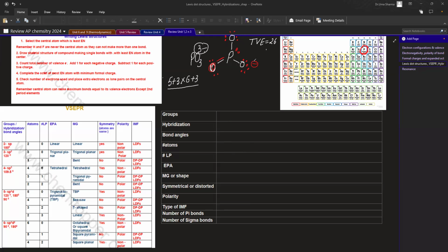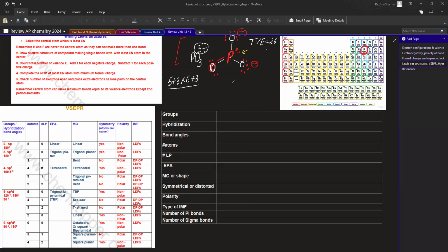Now check the formal charge. This oxygen is minus, this oxygen is minus. What's the formal charge on P? Do this calculation, children. And we'll do this example again because there is some confusion. So we'll do it again in the next class. Kiki, what's the formal charge on P?